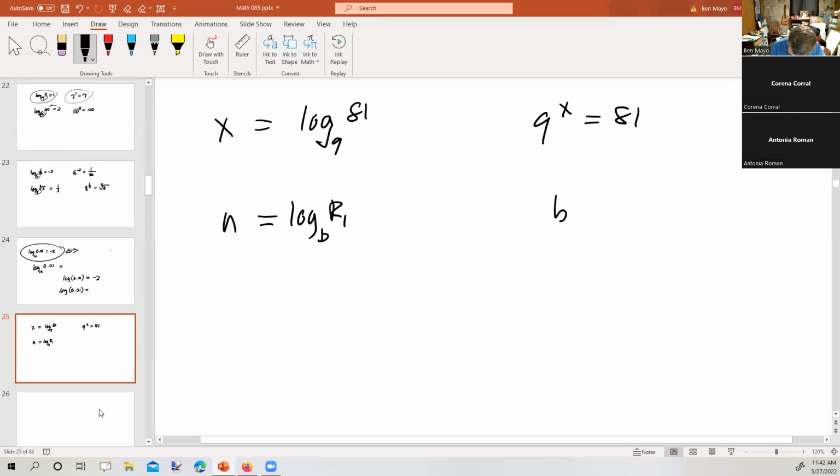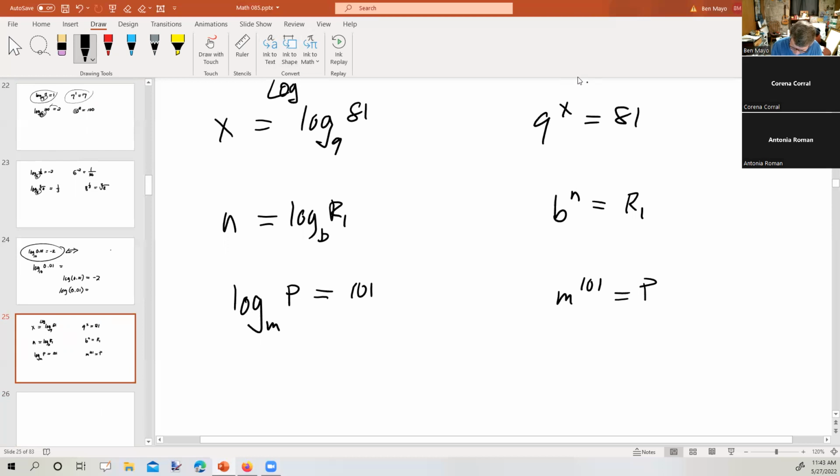So that would be b to the n power equals r sub 1. And finally, log base m of p equals 101. That would be m to the 101 power equals p. So this is the log form and this is the exponent form of the equations. All right with that?